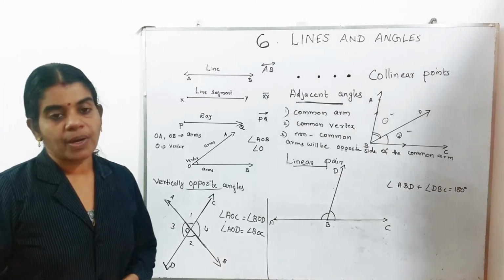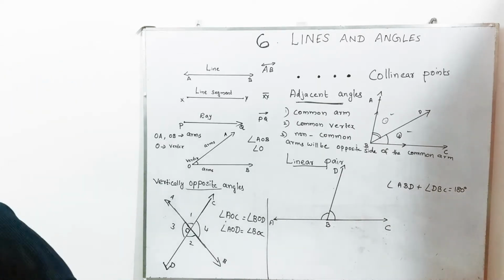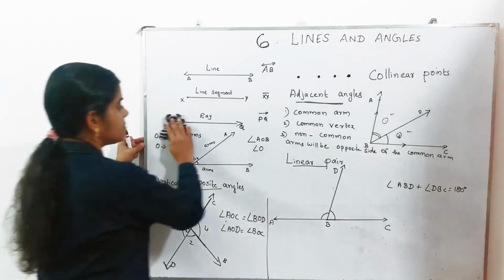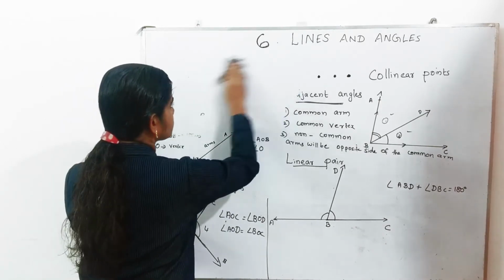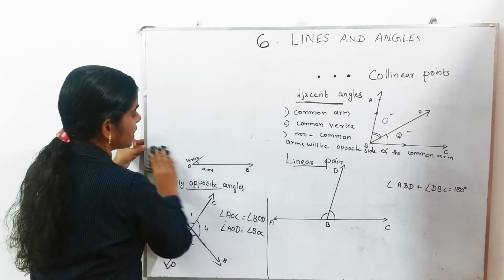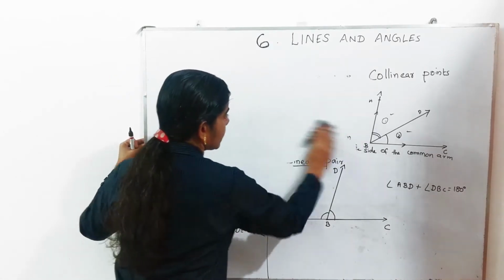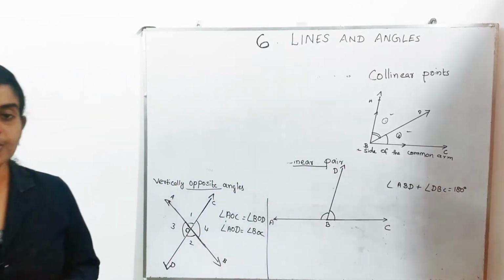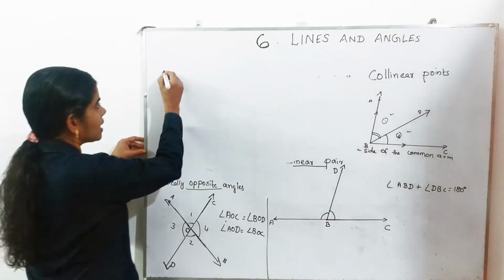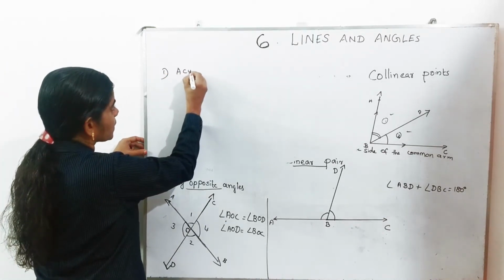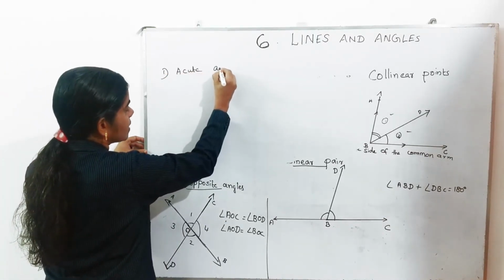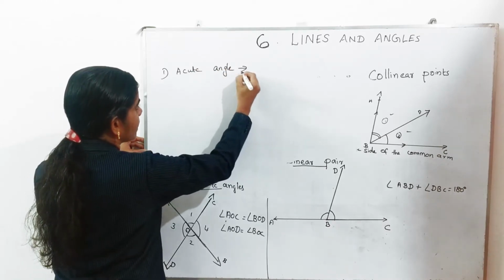Next I am saying about some other angles. You already know what the types of angles are. First one is the acute angle. What will be the measure of an acute angle?